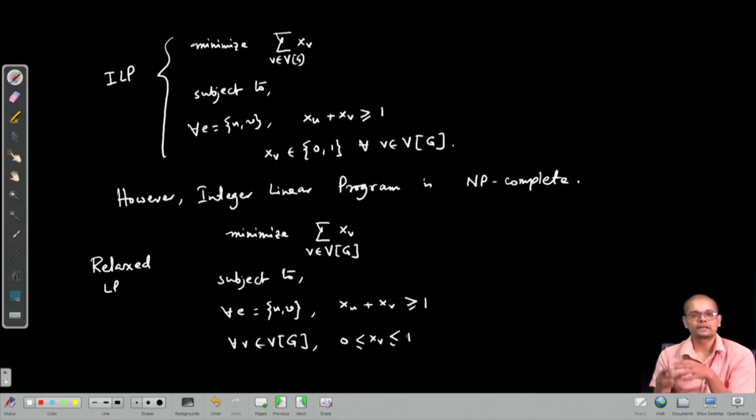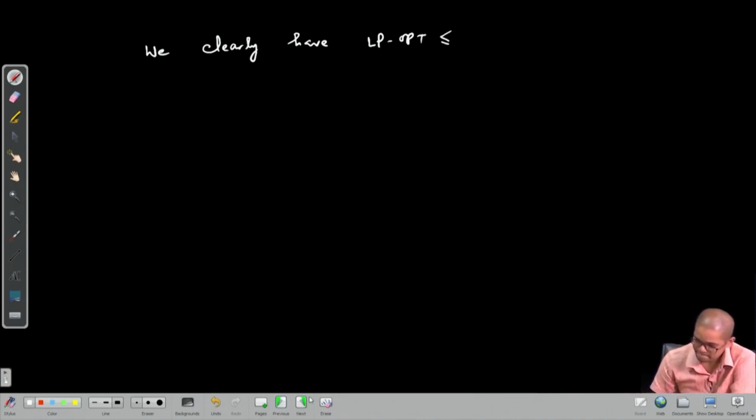Now clearly, because the search space is more, the search space of the LP is a superset of that of the integer linear program, we clearly have LP opt is less than or equal to ILP opt.